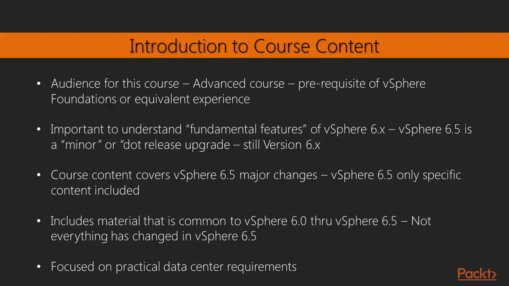But it does not mean that vSphere 6.5 changes everything in vSphere 6. There are advanced and new capabilities that have been added to vSphere 6.5. There have been some under the cover changes, especially in storage. There is a new VMFS version 6 file system as an example, and there has been a lot of tuning done as well.